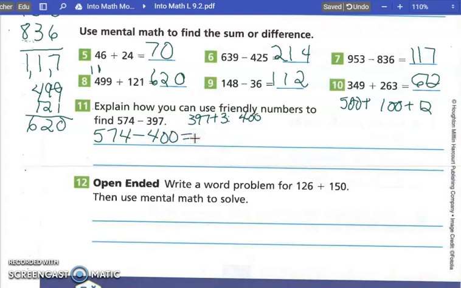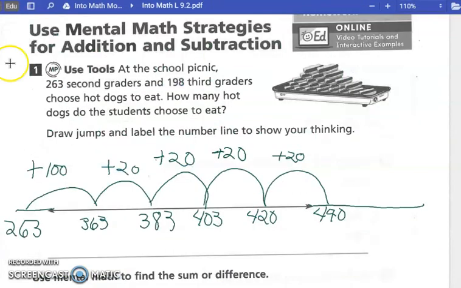Equals, what does it equal? 174. Okay. Now, when I added that 3, that means I took too much away, right? So I have to add 3 back to this to get 177. All right. Go to your homework page.